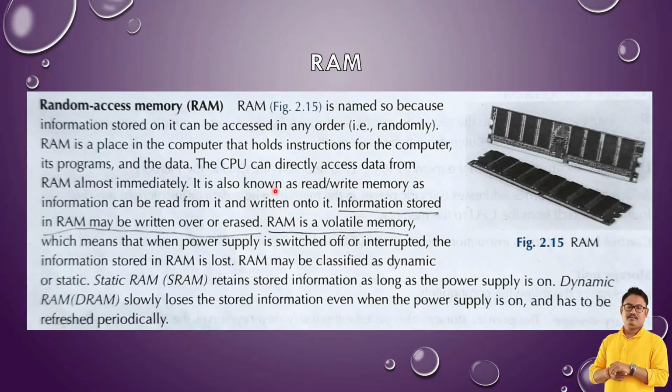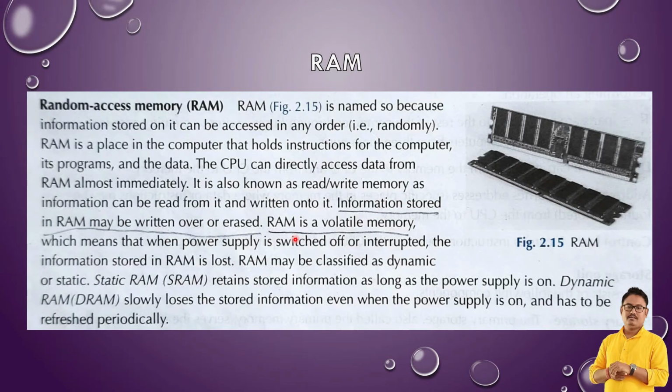data. The CPU can directly access data from RAM almost immediately. It is also known as read/write memory, as information can be read from it and written onto it. So information stored in RAM may be written over or erased also.